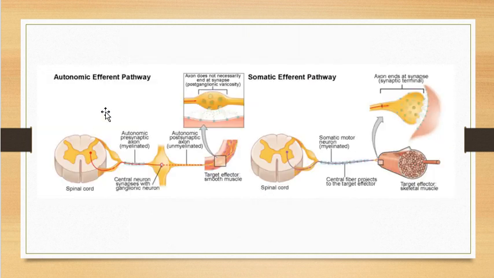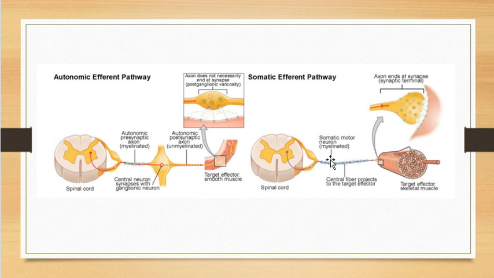So let's see the autonomic efferent pathway and somatic efferent pathway through a diagram. In this diagram you can easily see first the somatic efferent pathway. Here is the spinal cord, the gray matter of the spinal cord, and a neuron is coming out of it. This is a somatic motor neuron. Motor means that it is carrying message, so the name defines its function; somatic means it is going to innervate a skeletal muscle, while motor means it carries message from the spinal cord towards the effector organ.